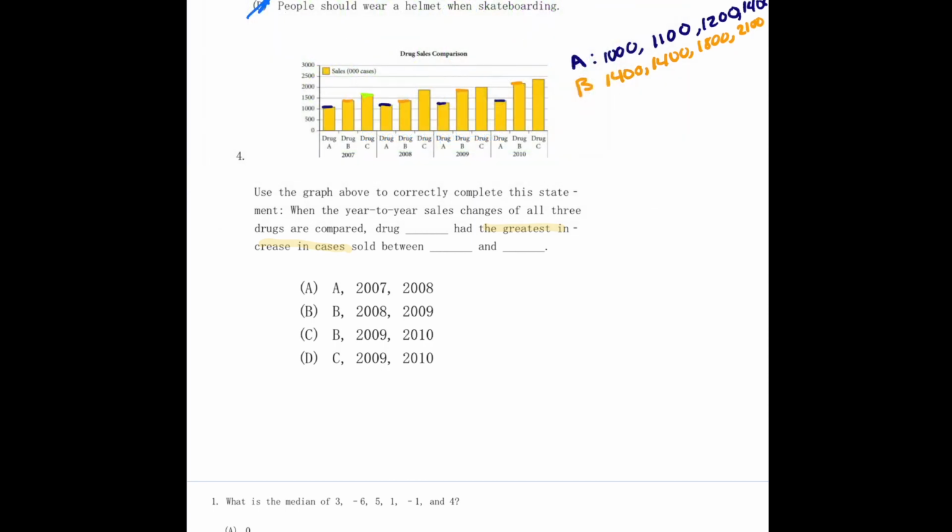Then we will look at drug C. So those are these 4, and drug C will start at 1,600, and then it goes to 1,800, and then 2,000, and then 2,400.